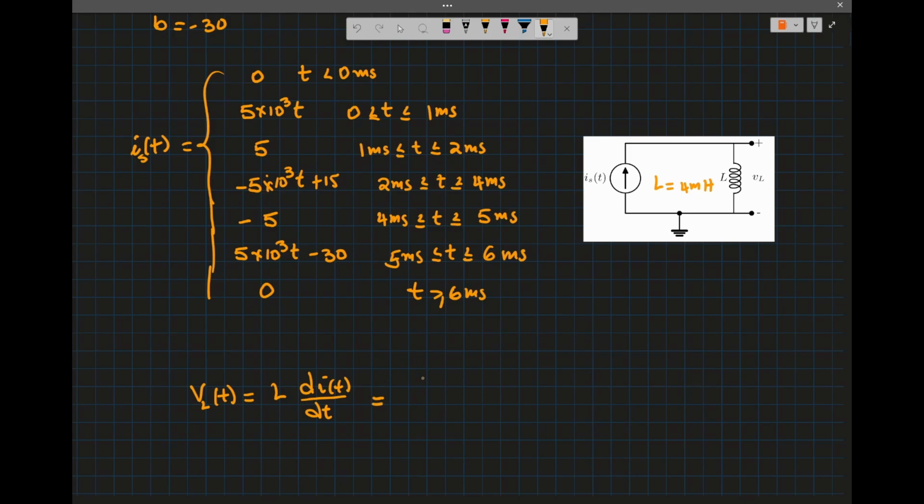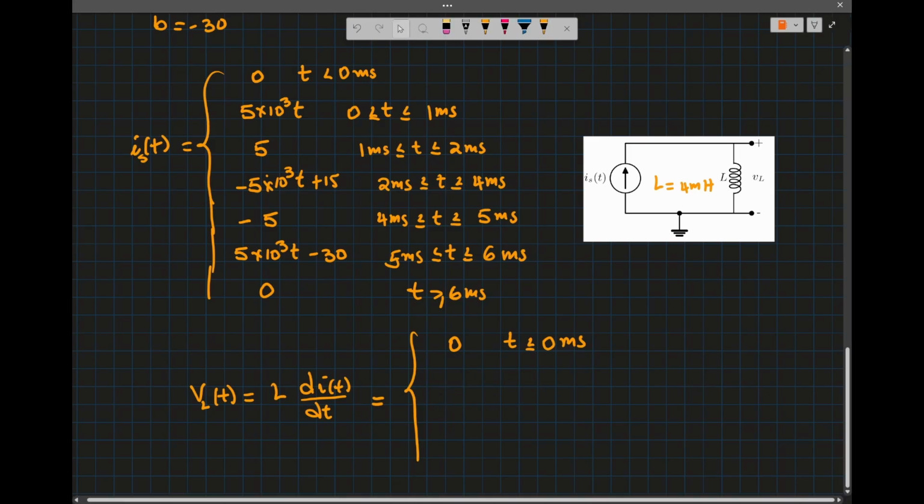So I'm gonna do this for each interval. All right, so for t less than or equal to 0 milliseconds, it's 0. Then it's L times 5, because when we differentiate, L d over dt of 5 times 10 to the 3 t gives me L times 5 times 10 to the 3.